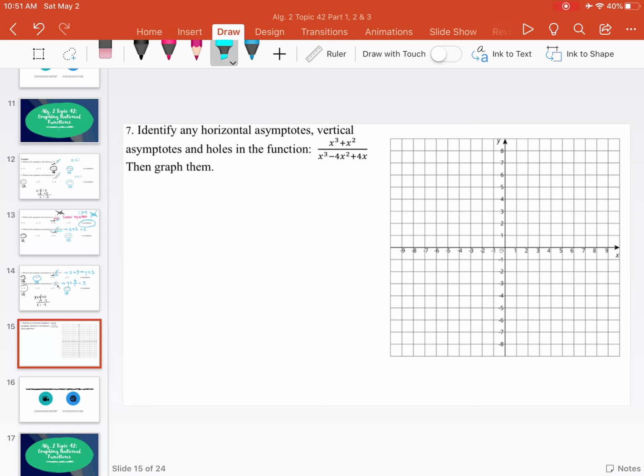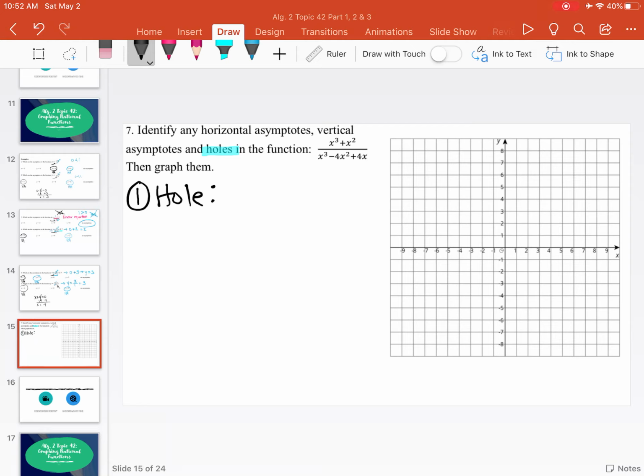What I like to first start off with is identifying the holes in the function. This will come in handy when I need to determine what my vertical asymptote is later on. So first, I'm going to identify the hole. Looking at my function, I want to factor the numerator and denominator so that I can identify a common factor in both my numerator and denominator.